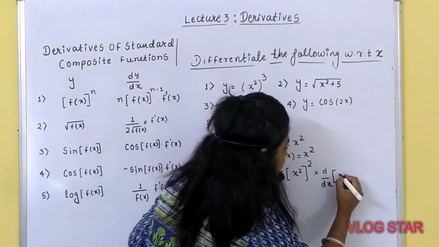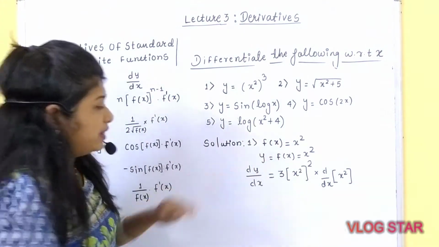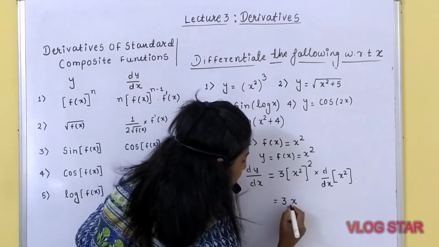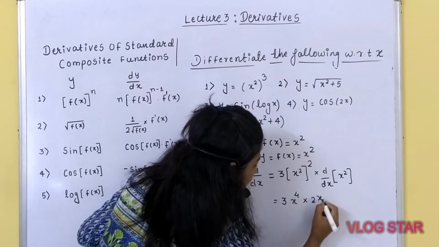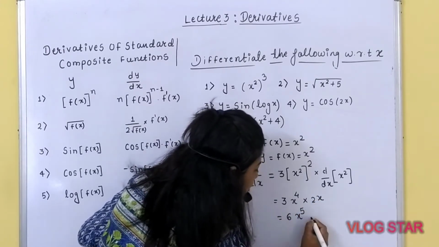As f of x is x square, what is the derivative of x square? It is nothing but 2x. So what will you get? 3 into x raised to 4 into 2x. The final answer is 6x raised to 5.